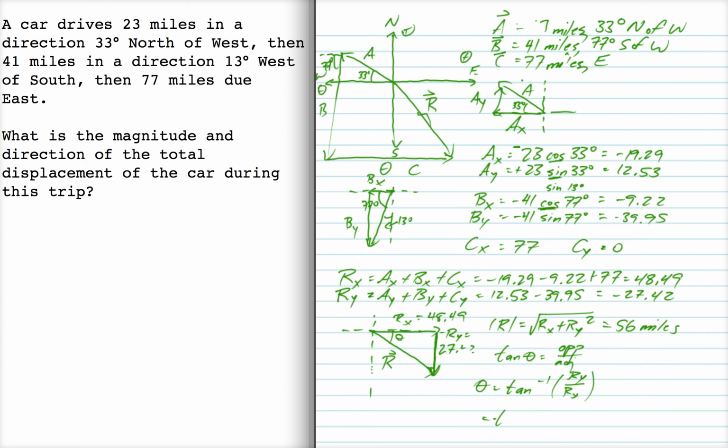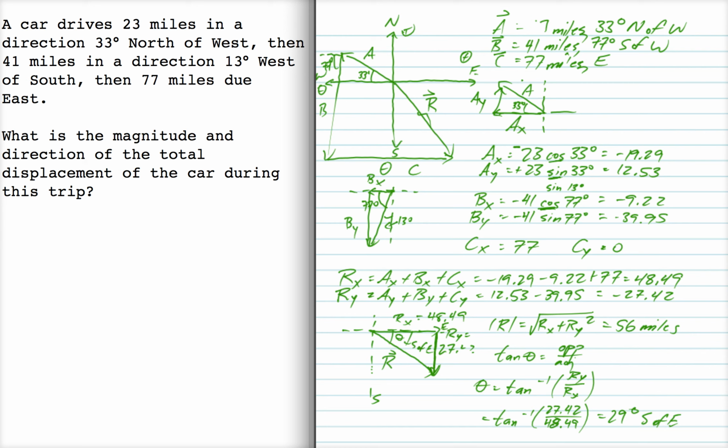That's the inverse tangent of 27.42 over 48.49. Again, I'm not making either one of these numbers negative, so that's 29 degrees. This direction is east, and this direction is south, so we're going south of east. So the angle is 29 degrees south of east.